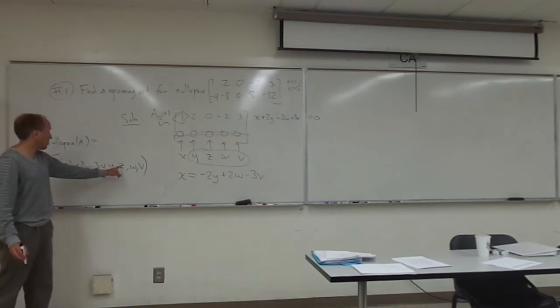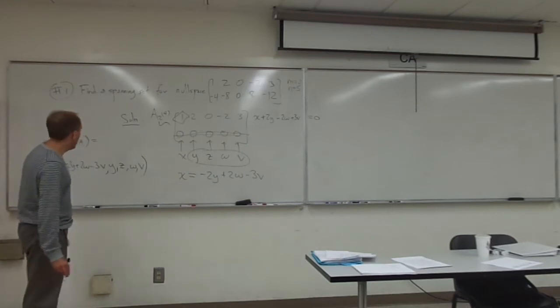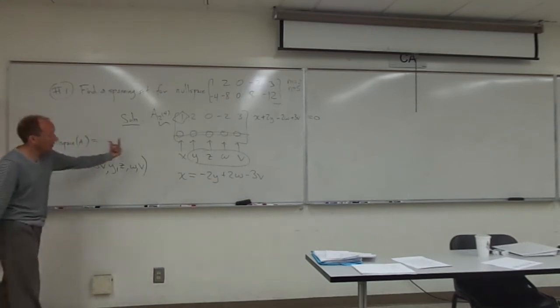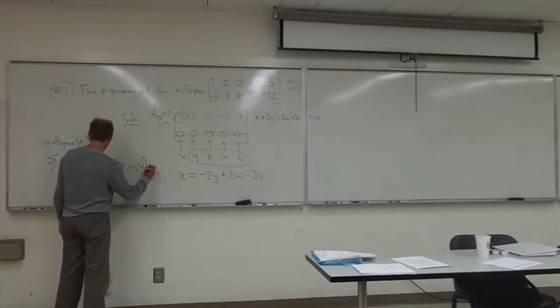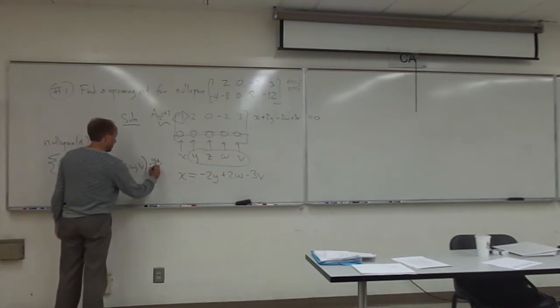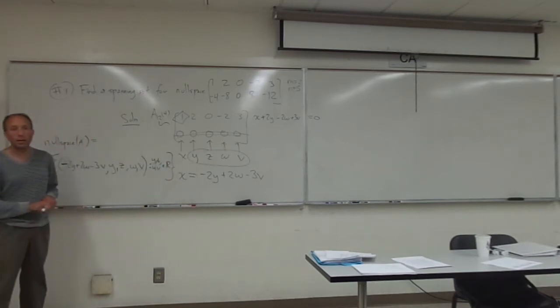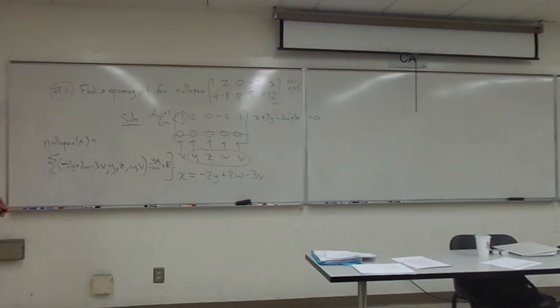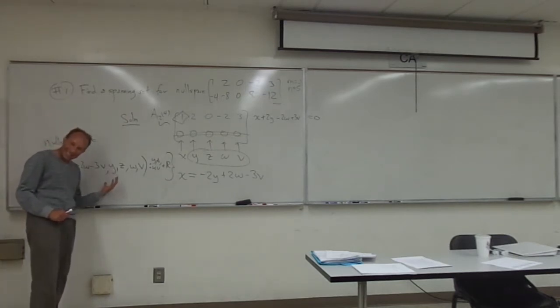These last 4 slots are just the free variables, and it's only the first slot that's being expressed in terms of those free variables. And this will be such that y, z, w, v are elements of the real numbers. Okay? That's what the null space of A actually is.